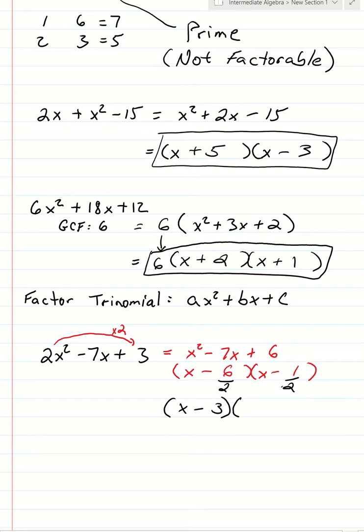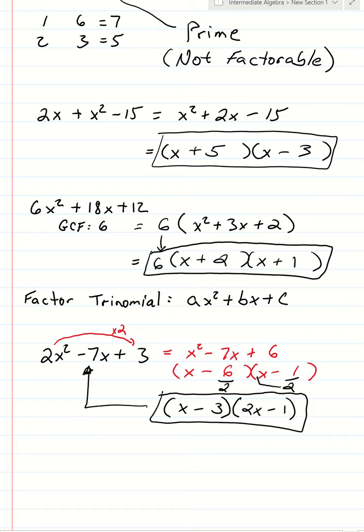You take that denominator of 2 and you're going to move it up next to the variable x. And so you would get a 2x minus 1. And that would be your factored form of that polynomial. If I was to multiply this back, we would get the original black polynomial.